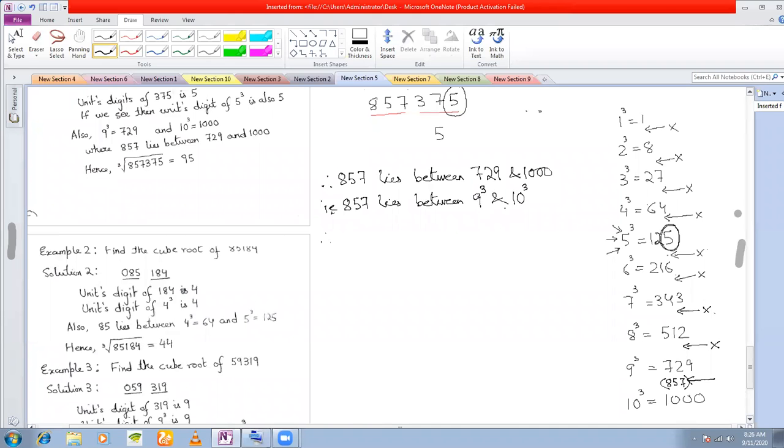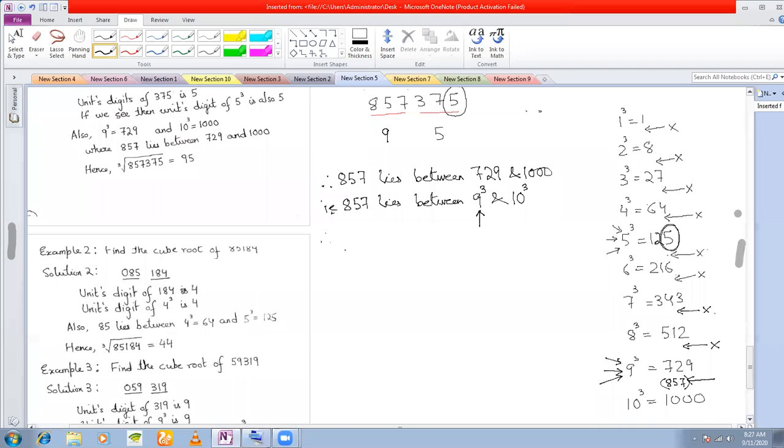Now, among 9 cube and 10 cube, you choose the lower digit, 9. Among 9 cube and 10 cube, you will choose the lower digit, 9. And this 9 you will write here. Is this clear till this point?